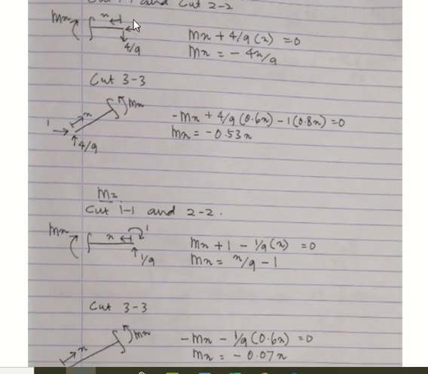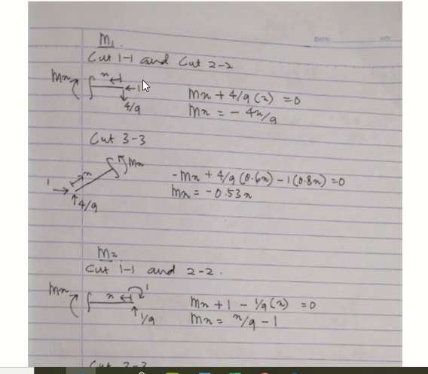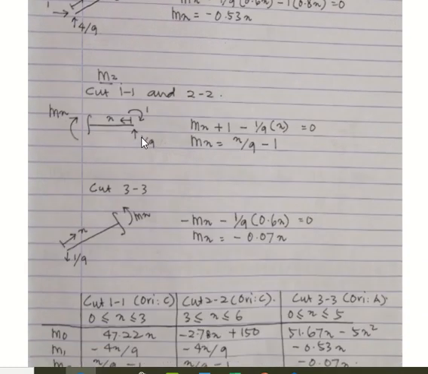Okay, done for M1. Then we move to M2. Cutting number 1 and number 2 have the same moment equation. For cutting number 2, they have a 1 kilonewton meter moment here. So Mx, you calculate the moment at the cutting: Mx plus 1 from the moment, minus the moment due to this 1/9 force, 1/9 multiplied by x.